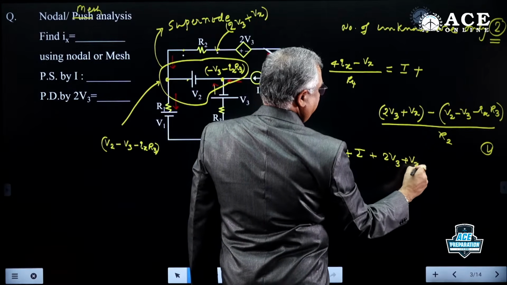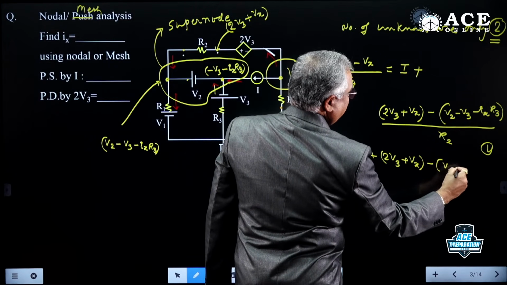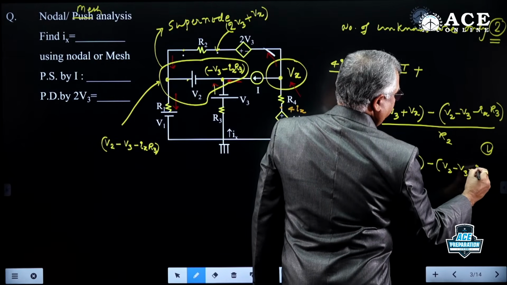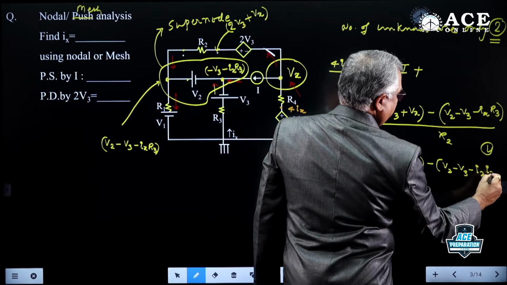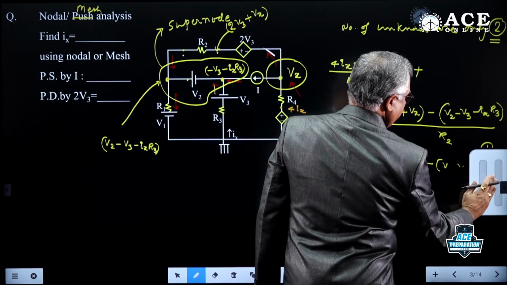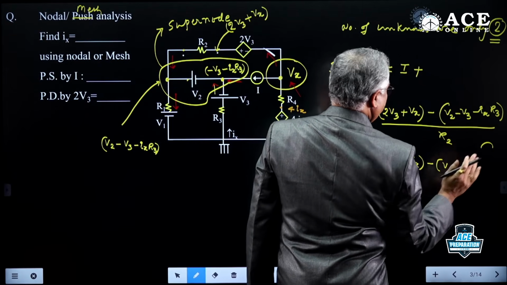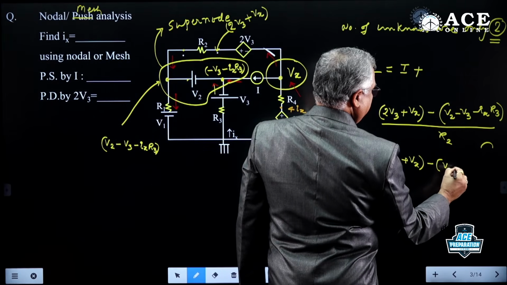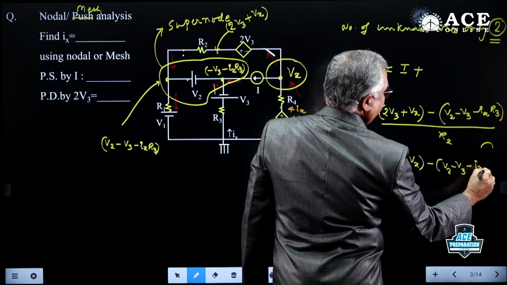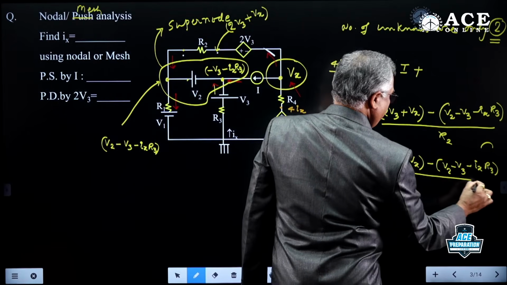V3 plus Vx minus V2 minus V3 minus Ix R3 by R2.